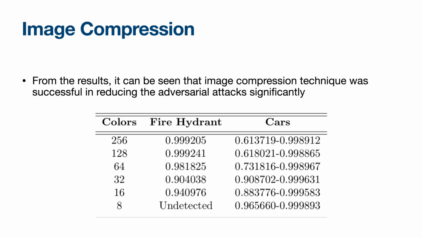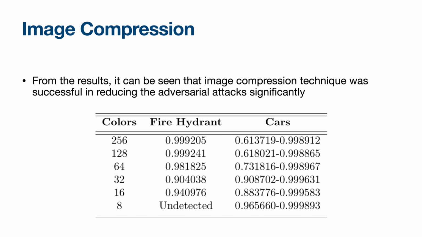At the highest level of compression, detection was successful for both fire hydrants and cars with a precision of 99.9%. This indicates that this form of compression proved highly efficient when dealing with adversarial attacks against these specific classes, reducing their impacts significantly. As the degree of compression dwindled, there was a proportional decline in the precision of detecting objects belonging to all categories.